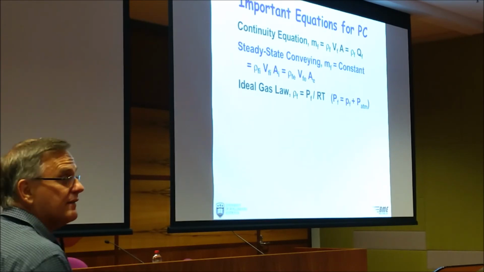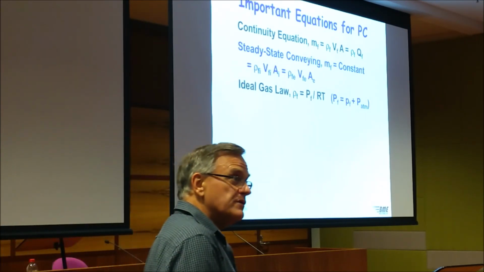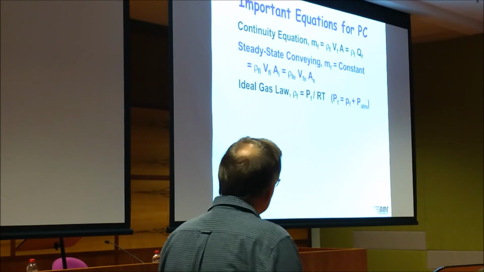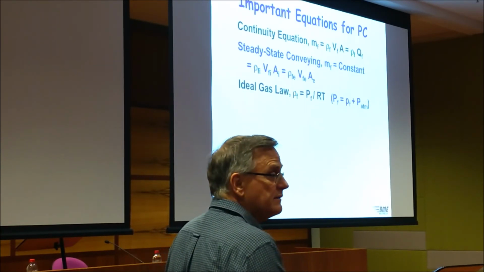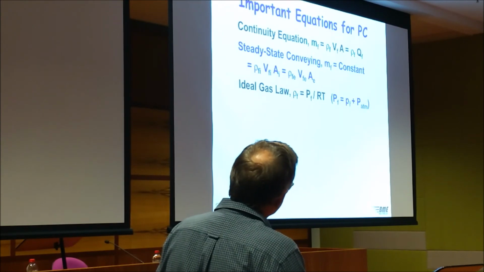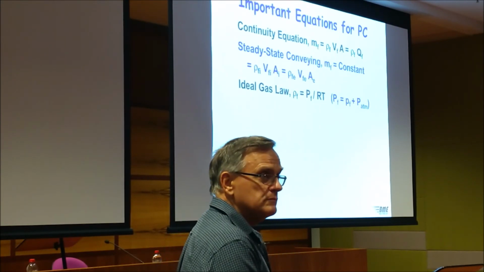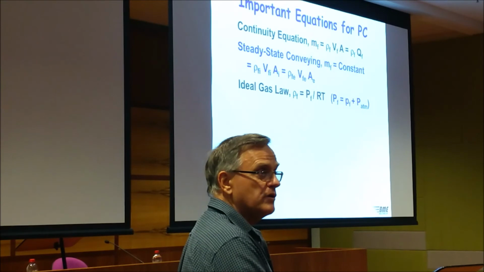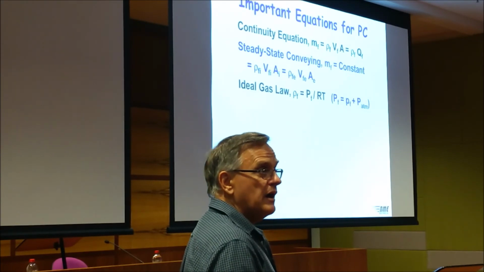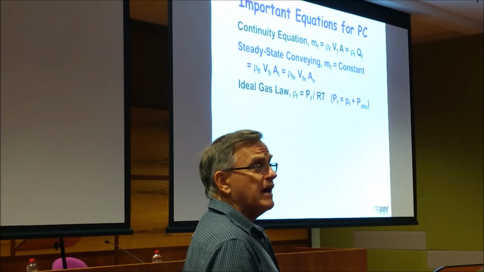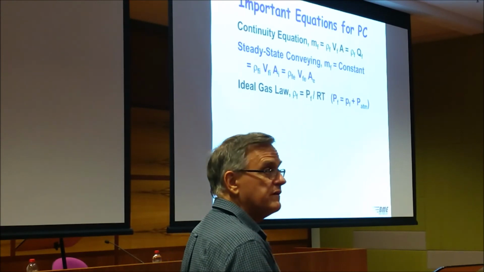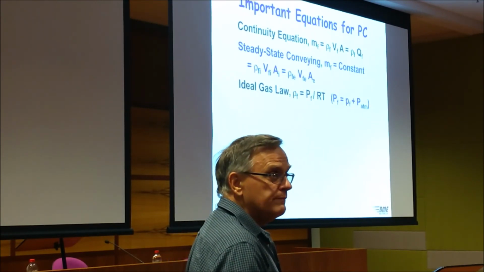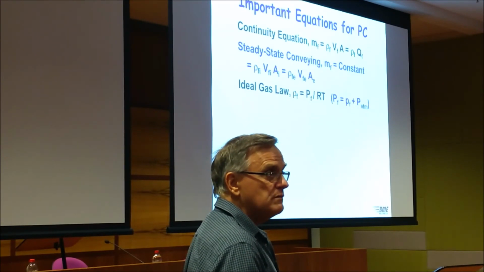So how do we calculate the gas density? We use the ideal gas rule. So the gas density is the absolute pressure divided by RT. Absolute pressure is the gauge pressure plus atmospheric. So if you've got a positive pressure system, you may have 50 kilopascals gauge at the inlet, so we put 50 there, plus 101 is 151, in absolute units.